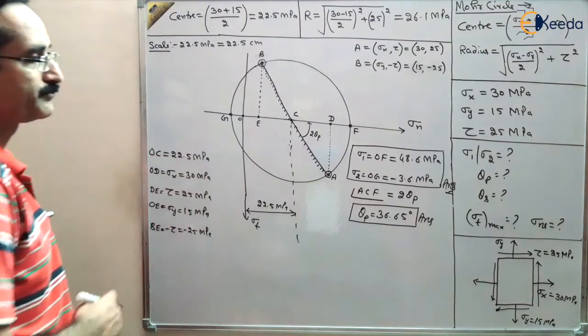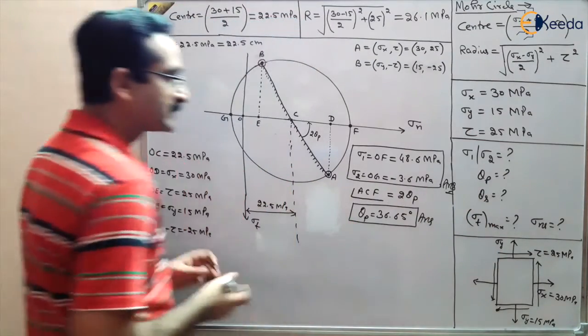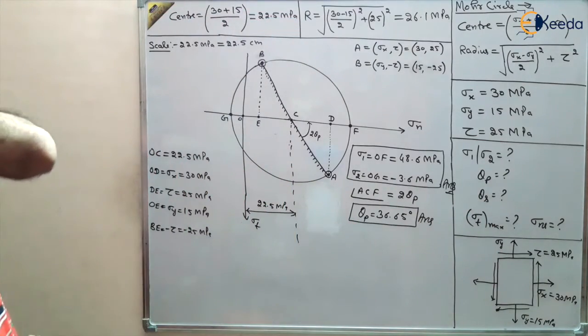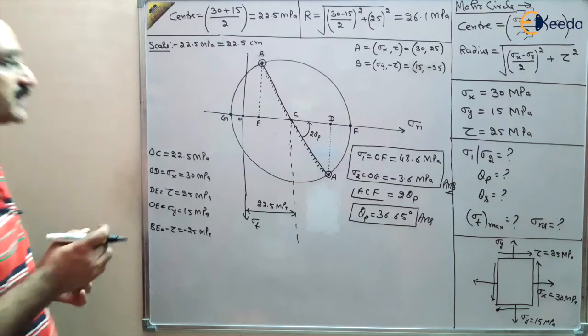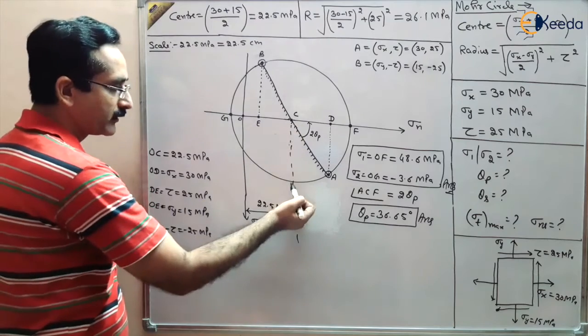Now theta S, the maximum shear stress. Where does the maximum shear stress lie? The maximum shear stress lies in the vertical direction, where we reach the extreme point of the circle.